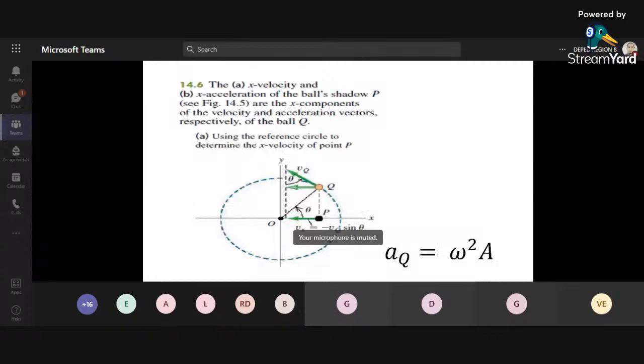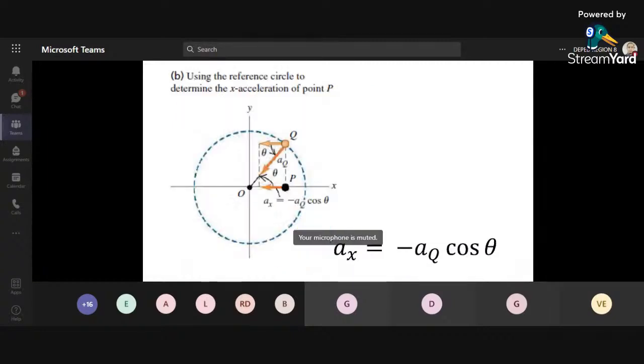Okay, where is this? Alright. So in this slide, we derive the equation for the acceleration of Q. Alright.